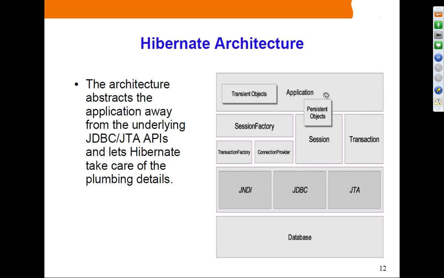And then the application will work with the persistent objects. Those persistent objects are basically maintained within a session, and then there could be what is called transient objects. We're going to talk about the concept of transient object versus persistent object in detail in a few minutes.